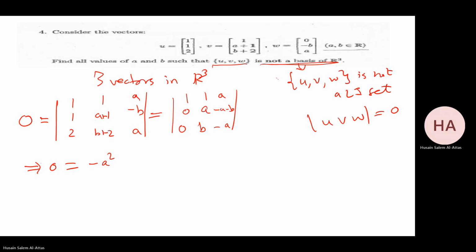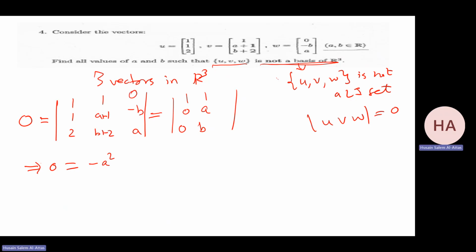There is a mistake. Like the first row by minus 1. Right, I have 1, 1, 2, 1, a plus 1, b plus 2. Oh, this is 0. Sorry.